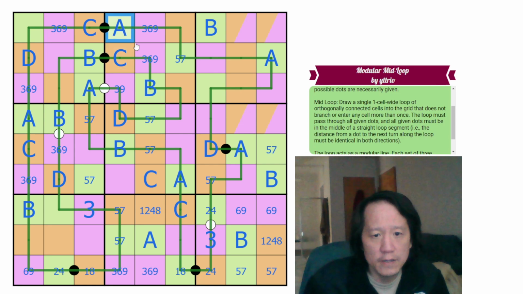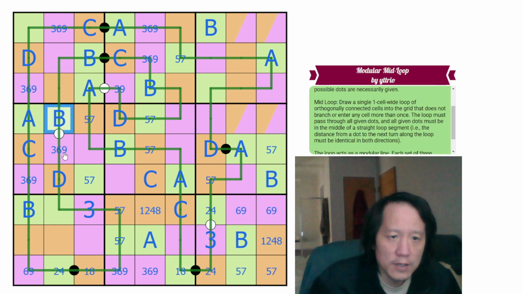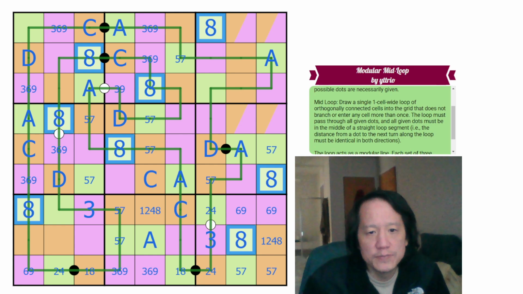And A is 2 or 4 also. B is 1 or 8. So B has to be consecutive with 3, 6, or 9. Well, 1 is not consecutive with any of those, so therefore B must be 8.